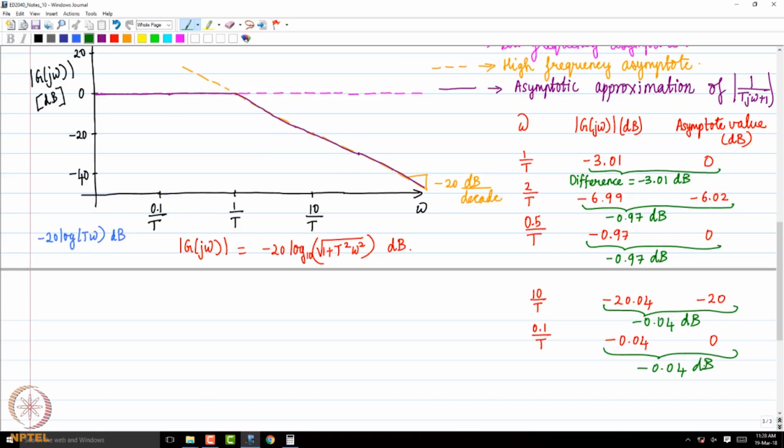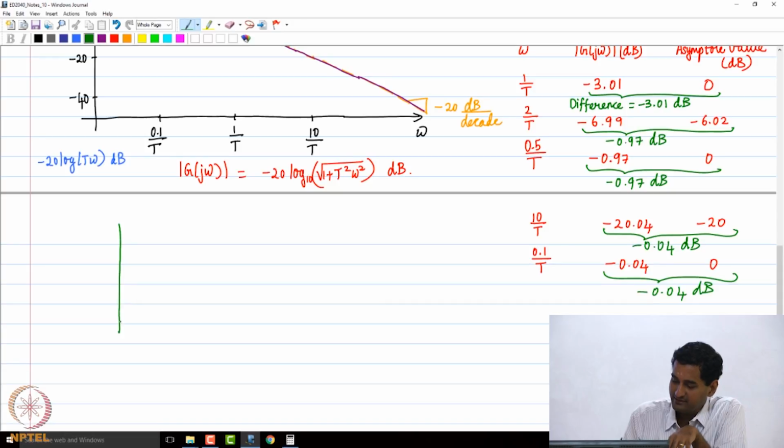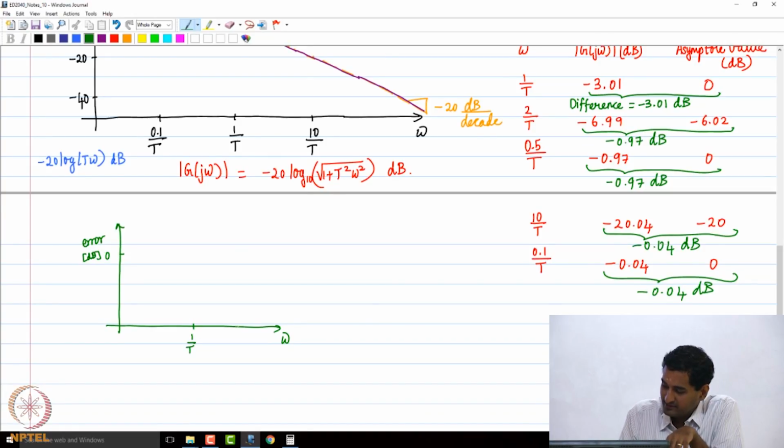Essentially you can see that you are going to get the maximum error at the corner frequency, and then the errors are going to just decrease. So if you plot the error in decibels versus omega, with 0.1 by capital T, 1 by capital T and 10 by capital T, let us say this is minus 3.01.